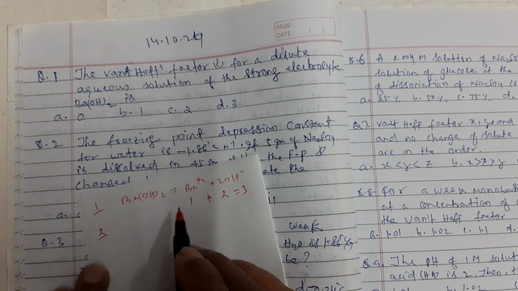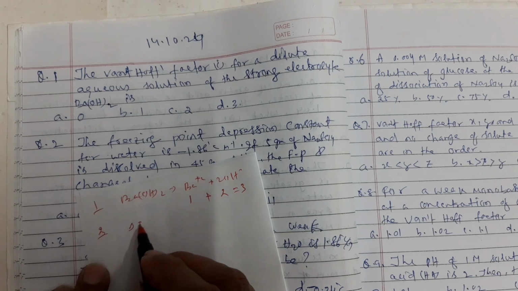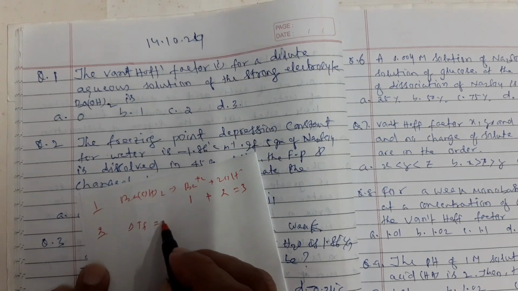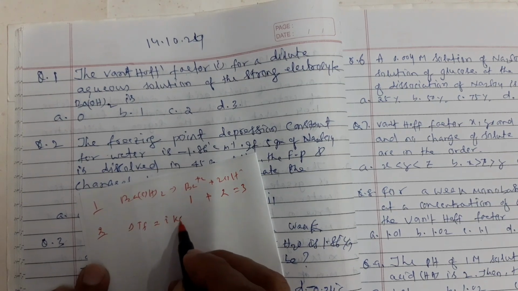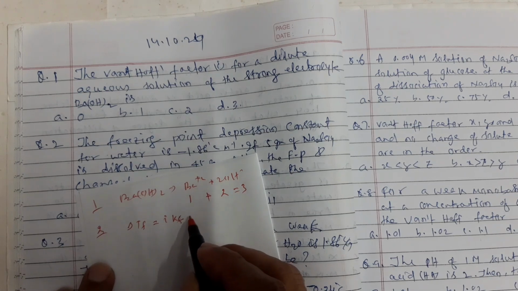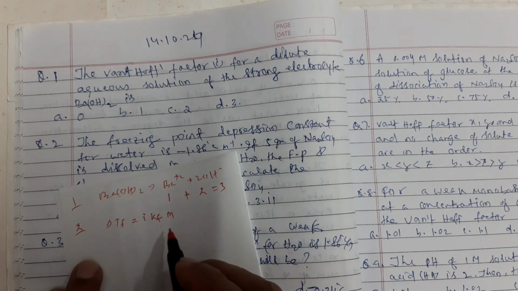Your formula is delta Tf equals i Kf times molality.